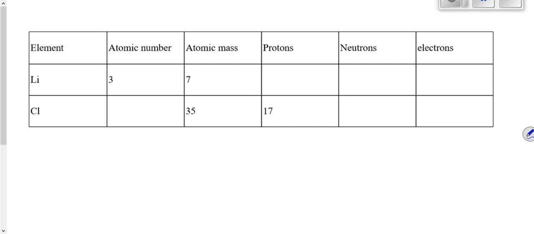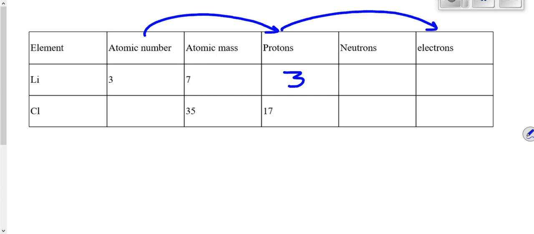Can we then figure this information out in a chart form? Well, let's try these together. In this first symbol, the element Li, lithium, has atomic number 3. I know that atomic number tells me how many protons I have, so I will have 3 protons. I also know that it tells me how many electrons I have, so I will have 3 electrons.